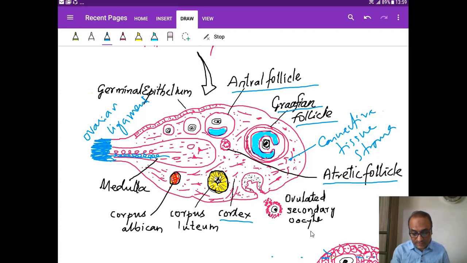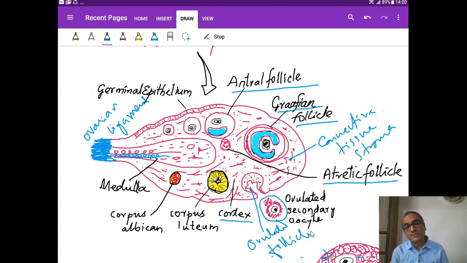And here you see that the Graafian follicle is in the process of ovulation or has already ovulated. So we can label it as the ovulated follicle. What you see here is the secondary oocyte, because in humans the egg or ovum is formed only at the time of fertilization.